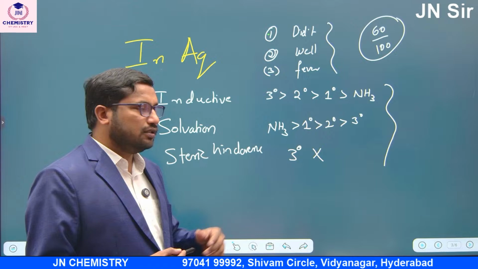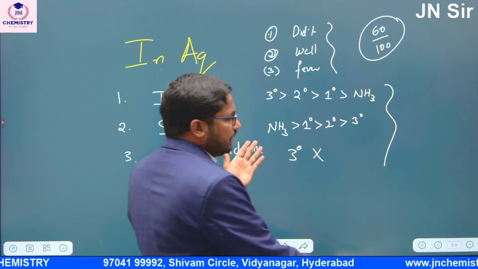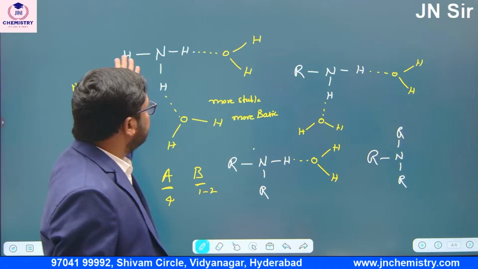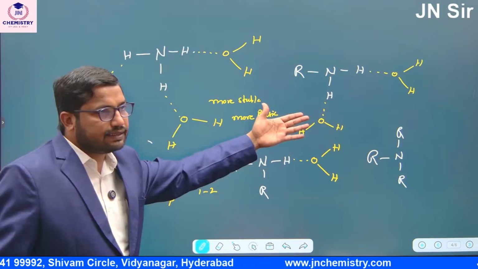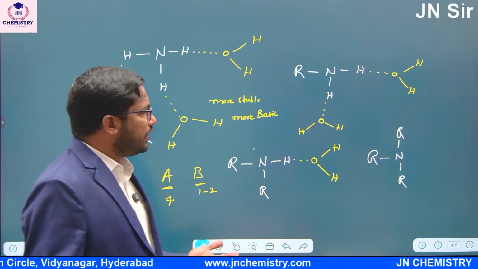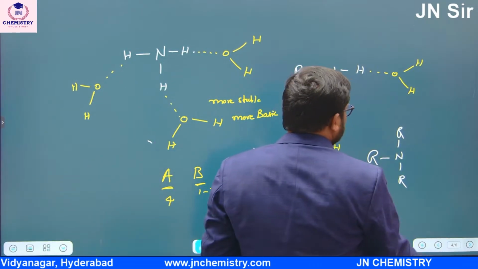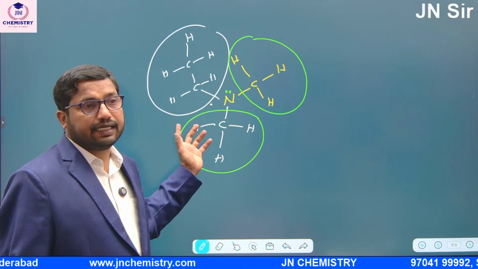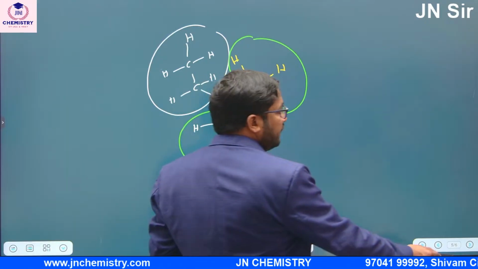In the solvation effect, because of hydrogen bonding, it is more stable in water. This is somewhat less stable. More stable means it is donating more and more electrons. Then this is called steric hindrance. Because of that, we got the final answer.